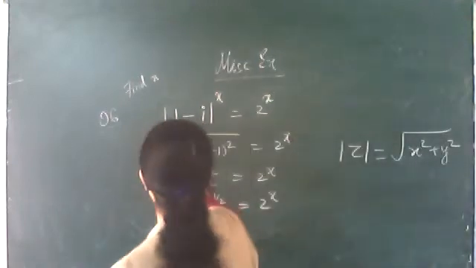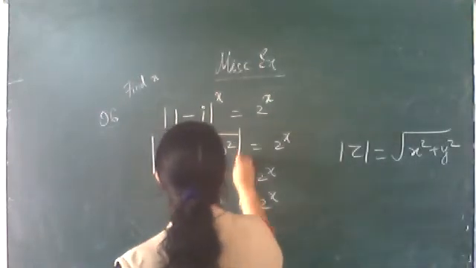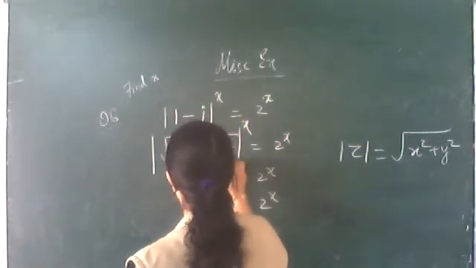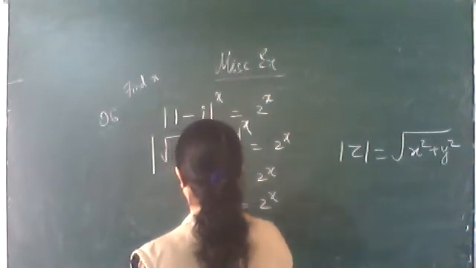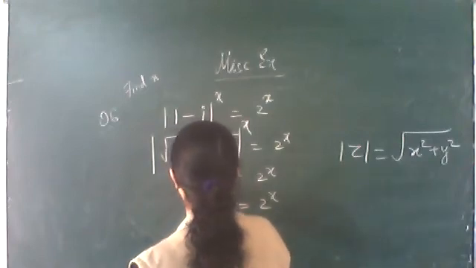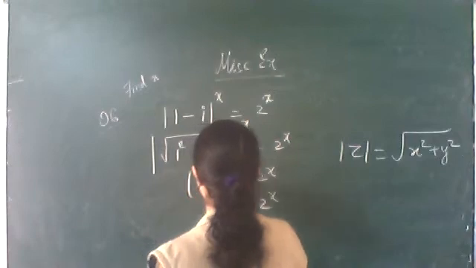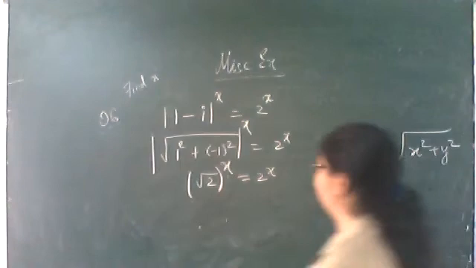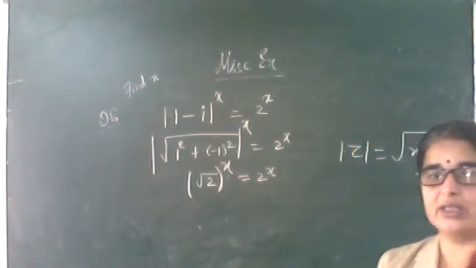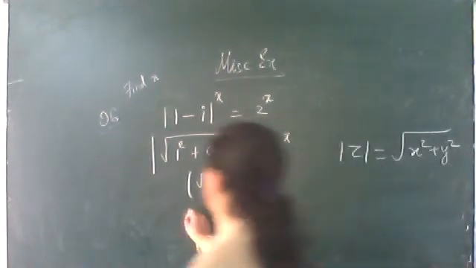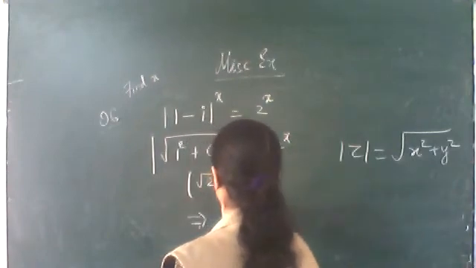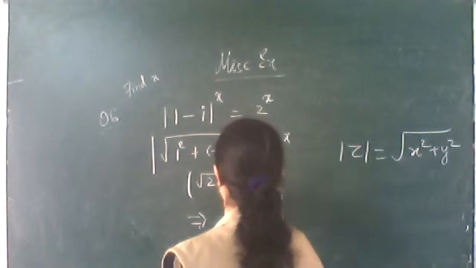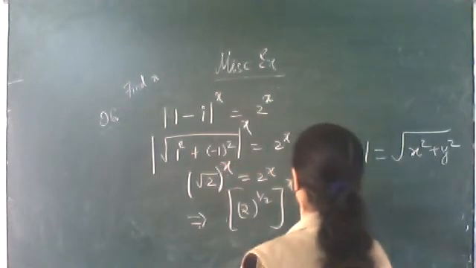This is the modulus, to the power of x. Root 2 to the power of x is equal to 2 to the power of x. So this implies, root 2 can be written as 2 to the power of half, multiplied by x is equal to 2 to the power of x.